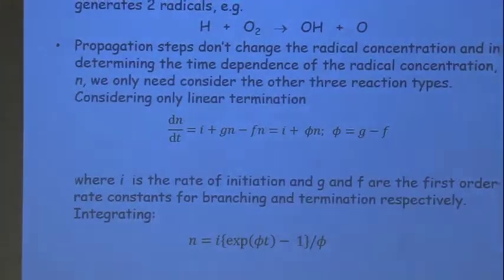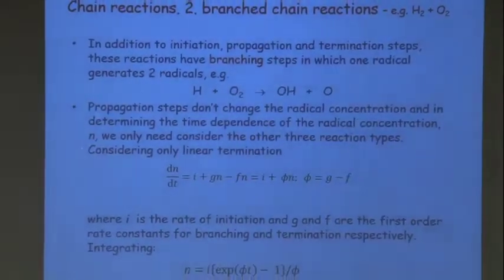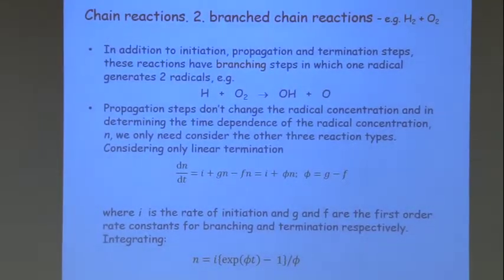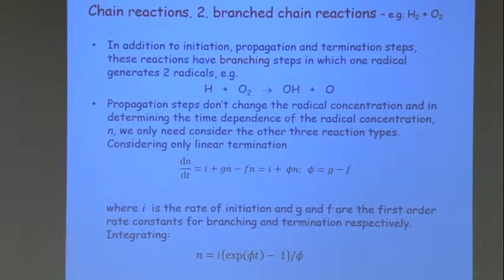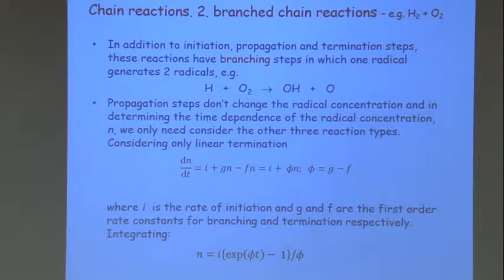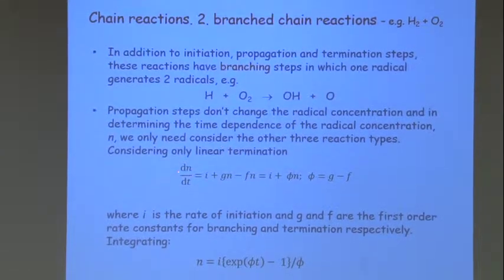So what we'll do is just look at a very simple way of looking at the total concentration of chain centers. So the total concentration of the chain carriers, the radicals H, O, and OH.